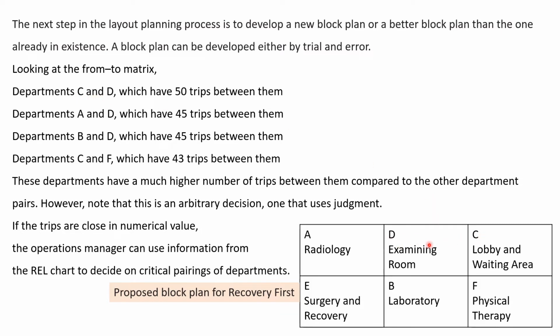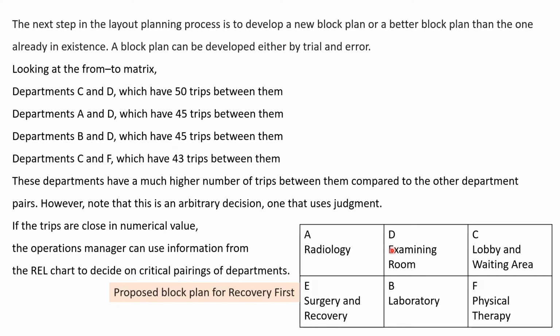C and D should be side to side here, and A and D should be side to side because it has maximum trips, and B and D, and C and F are also put side to side based on this data obtained from the from-to matrix.